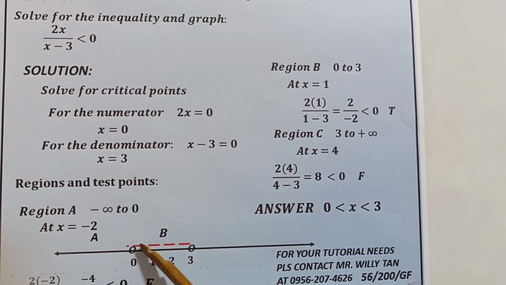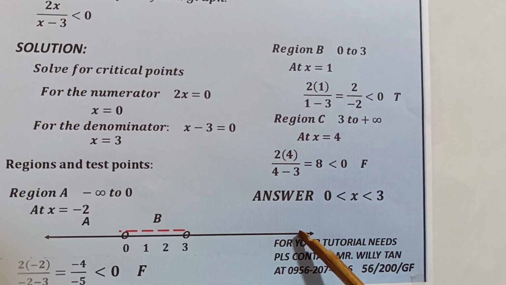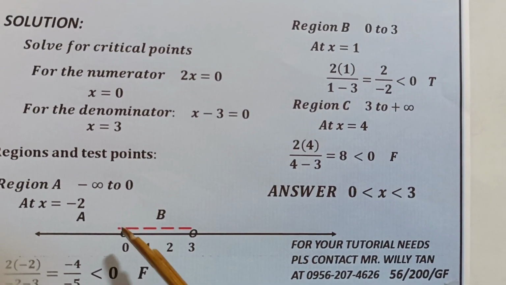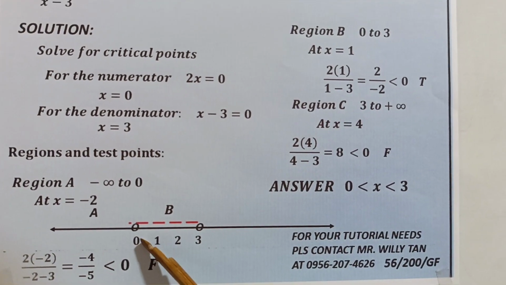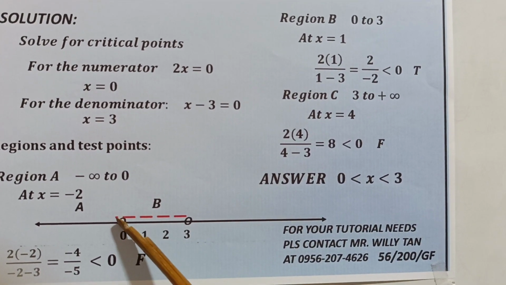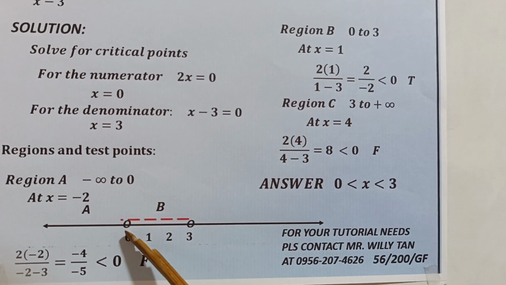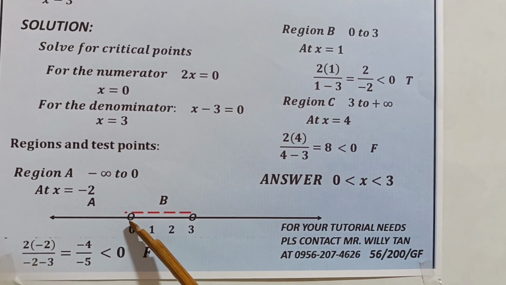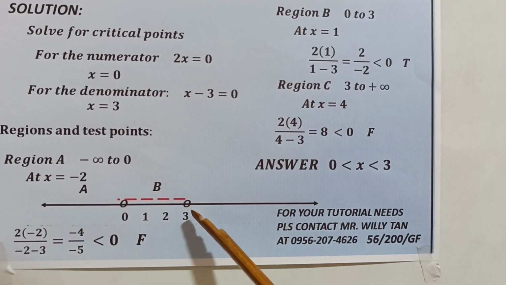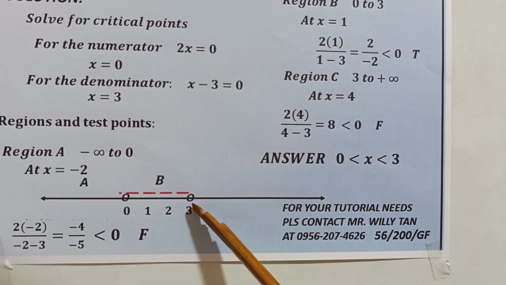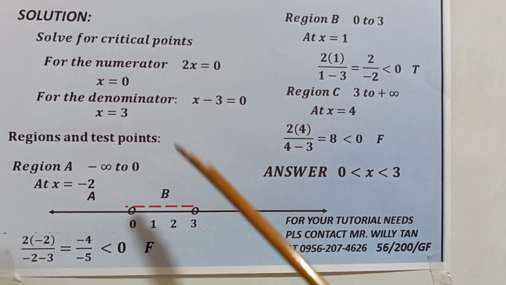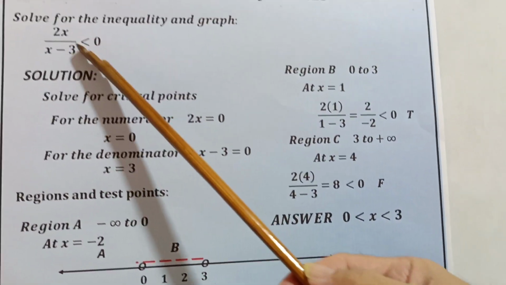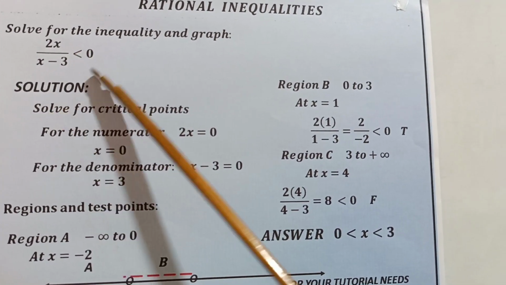So on this number line, we will label the critical points 0 and 3. As you can see, the 0 is marked by an unshaded circle, and also the 3, unshaded. Why? Because the inequality states that this is less than 0.